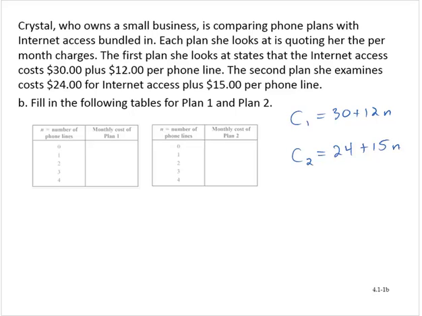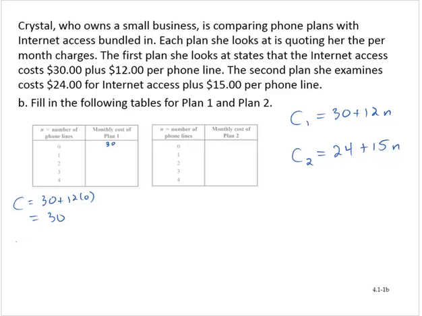Alright, so under the first plan, if we have 0 phone lines, then we would just be paying for the internet access. If we wanted to show that algebraically, the cost would be 30 plus 12 times 0, which is 30 plus 0, which is 30.